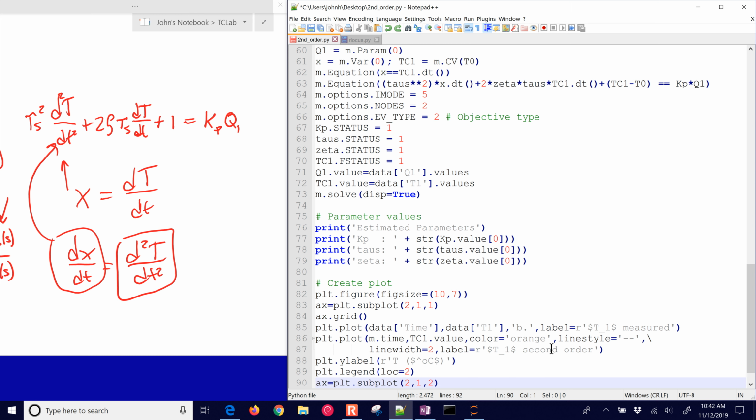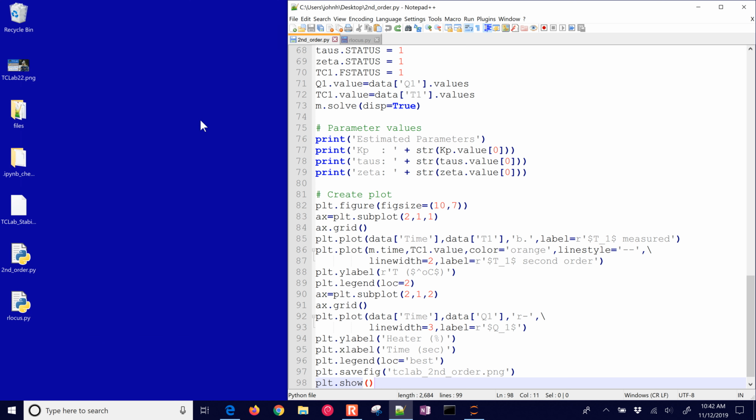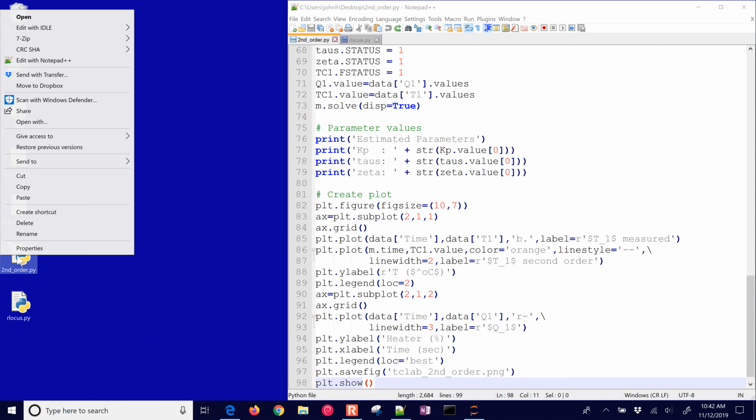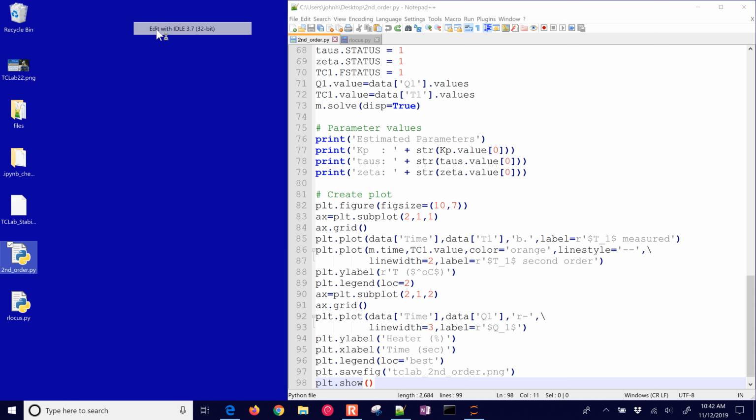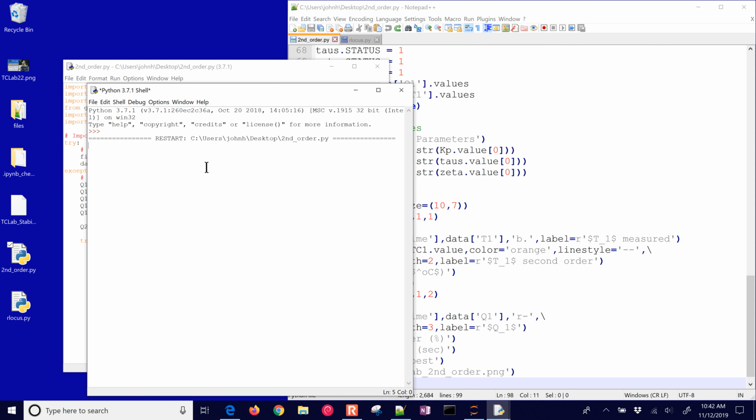Alright, and then I create a plot. This is pretty standard stuff, so I'm going to go through it pretty quick here. So there's my second order, and let me go ahead and generate that data, and then we'll pause it and come up with some other values than are posted in the solution. So it's going to connect.